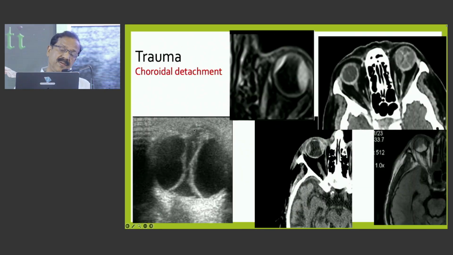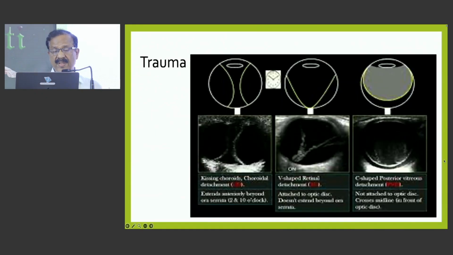Choroidal detachment can be seen as a thick and bright membrane that is convex, attached to the ciliary body anteriorly and posteriorly at the level of vortex veins. MR picture, CT picture of the same, and these are two T1 weighted MRI pictures.